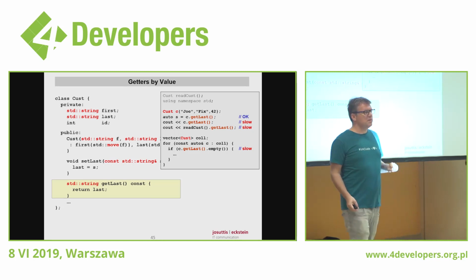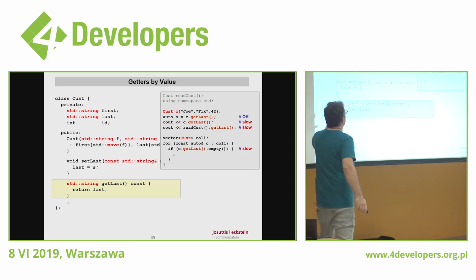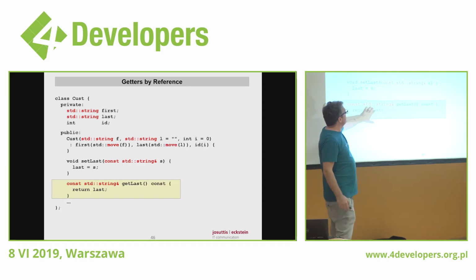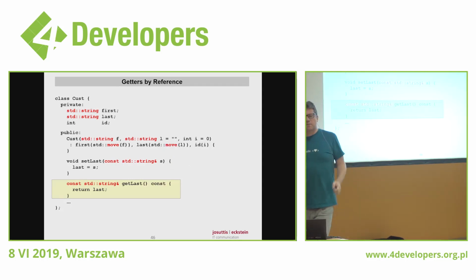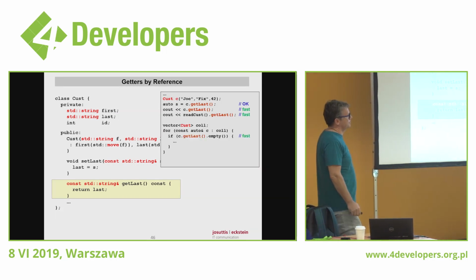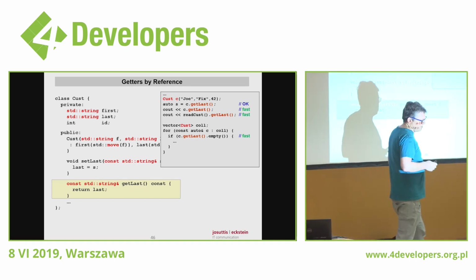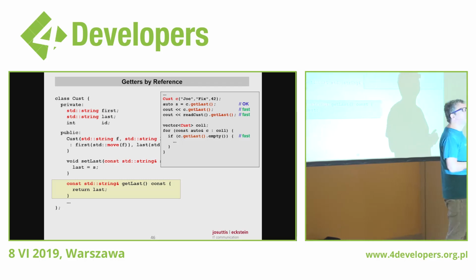Who has no clue what this talk is about? That's good, okay. So let's compare to return it by const reference, and we are significantly faster in all these cases. And that's good, great. So are we safe? Wait.